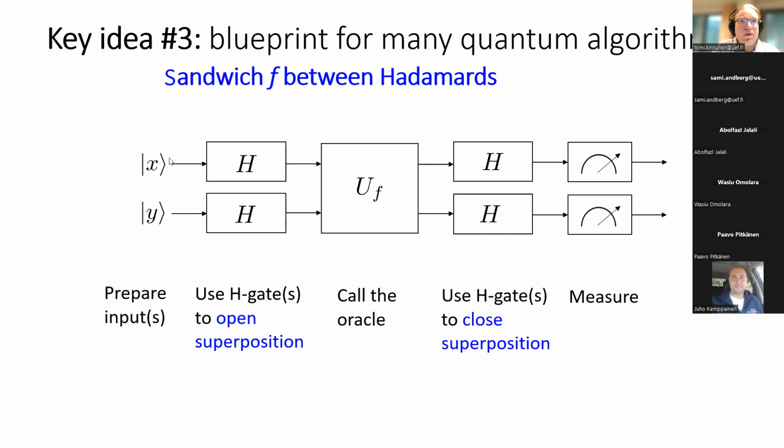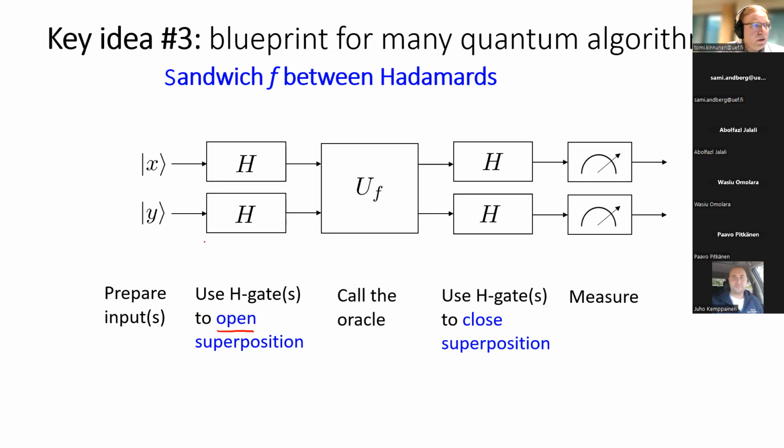It's usually just a 0 or 1 depending on what we do here, and then we use these Hadamard gates to create the superposition. We could also say we are opening the superposition here, or if you prefer, that's when we are sending our inputs to the parallel evaluations. In a sense, that's when we call the oracle.